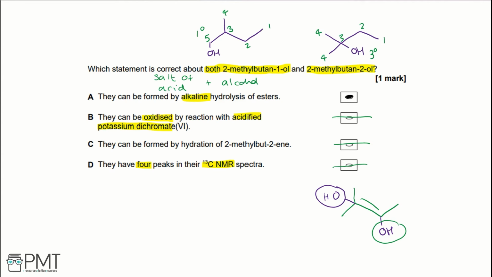So if you didn't check both and you started with 2-methylbutan-2-ol, you might assume that it can have 4 peaks in the carbon-13 NMR spectrum. But this is incorrect because not both of them have this. So the answer for this question is A, and to get the mark for the question, you need to circle the box that corresponds with A.